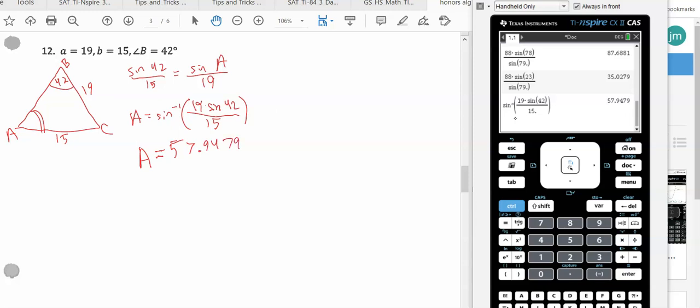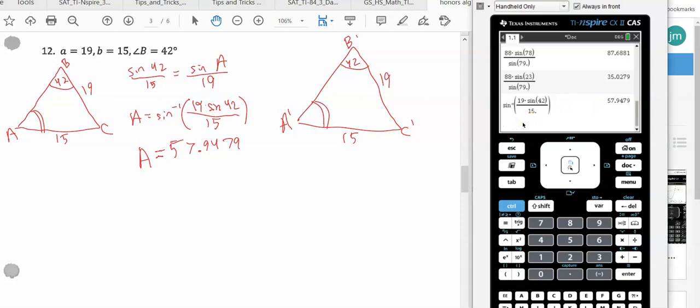Okay, so we're going to draw a second triangle here. So A prime, B prime, C prime. Given information is the same, 42, 19, 15. But this first angle that we're solving for is going to be the supplement of that.